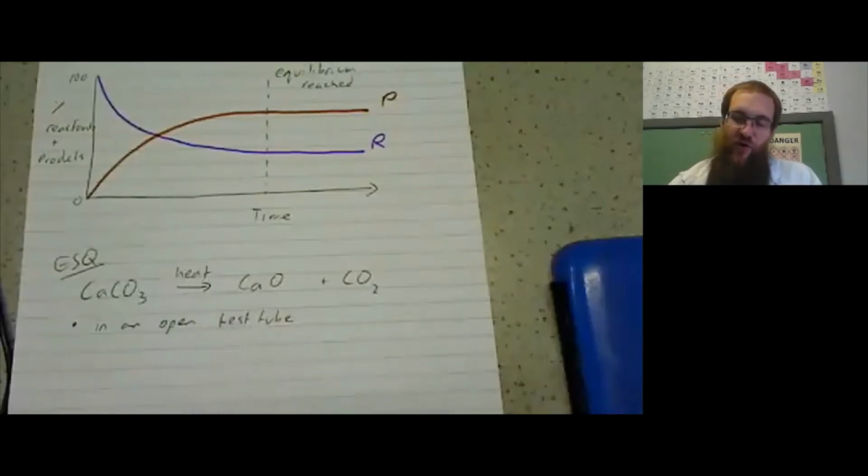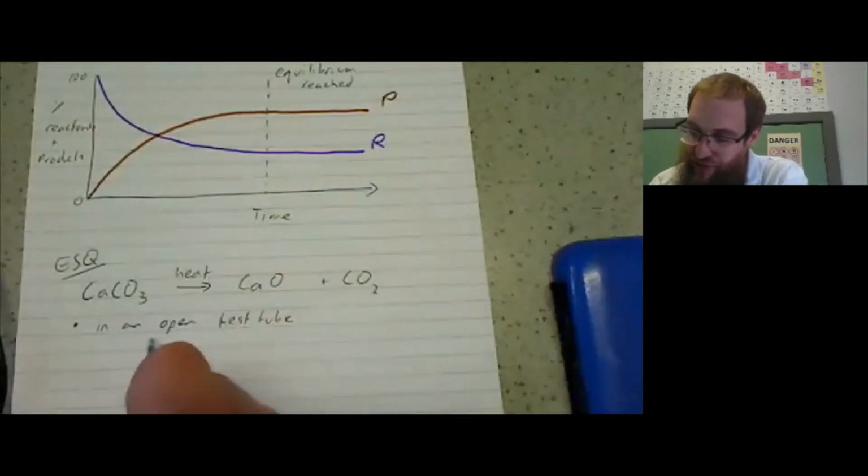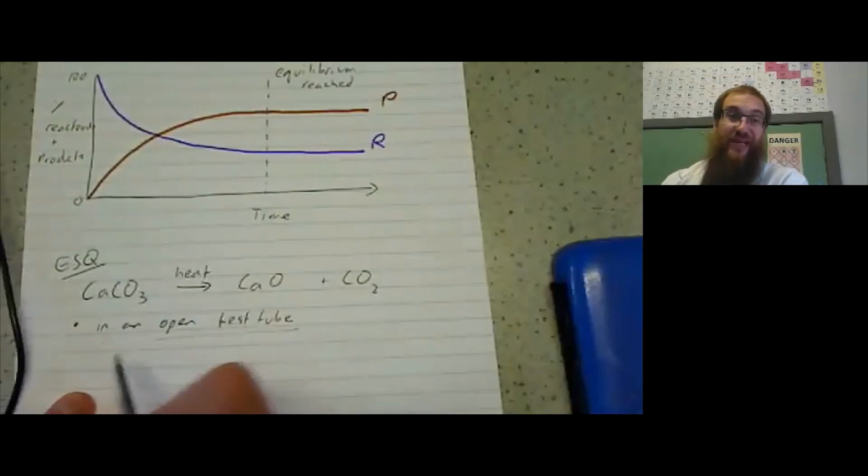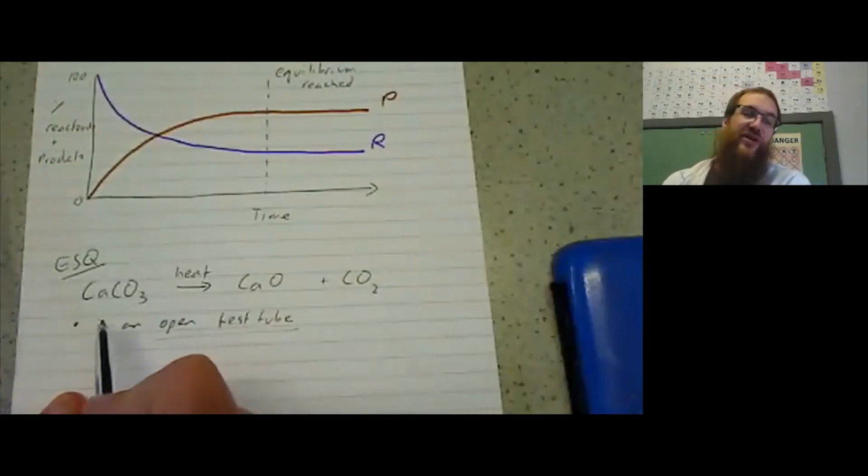So the hints for it are: it's not going to be forming an equilibrium because it's an open test tube. So if it's an open test tube, it means that gases can escape. Now the next point is that because gases can escape, you have a look at your equation.